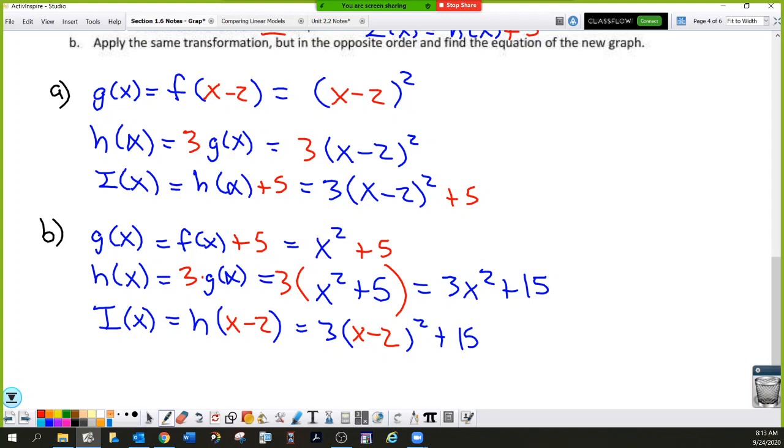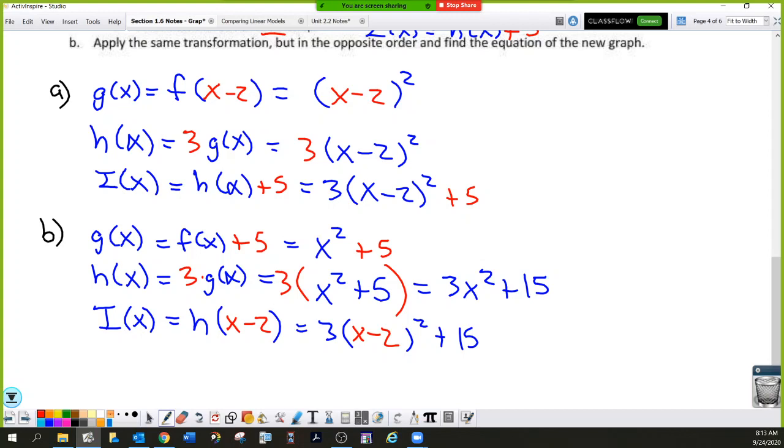The y. So the difference between these two vertices is the y. In fact, if you were to graph these two things, they're the exact same graph. One is just shifted 10 units higher than the other one. Notice that the x value of the vertex is exactly the same.